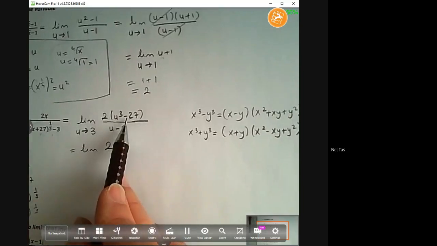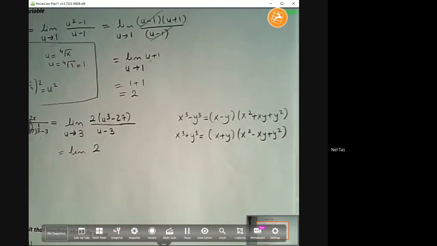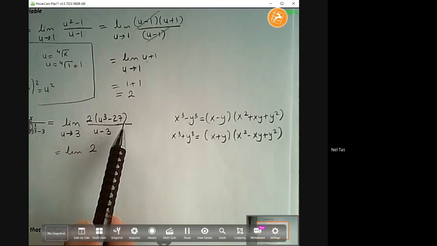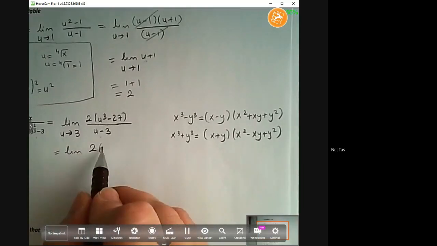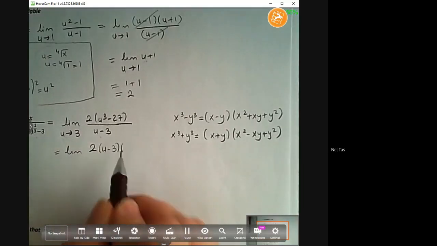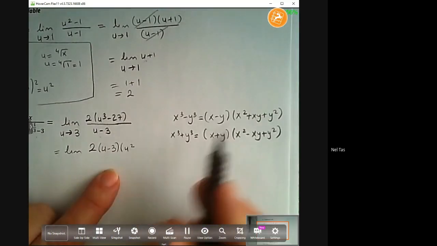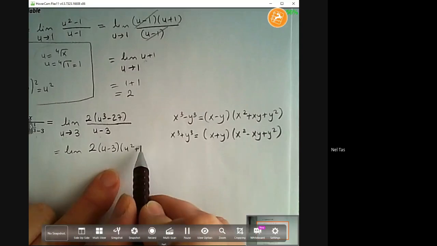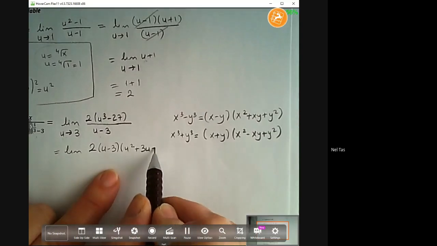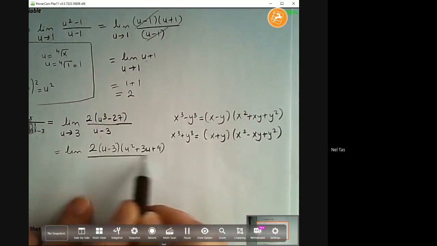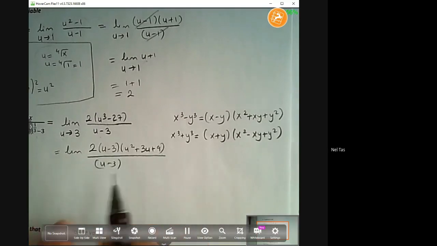Okay, so u cubed minus 27 is u cubed minus 3 cubed. So we can factor it as u minus 3 times u squared plus 3u plus 9, over u minus 3.